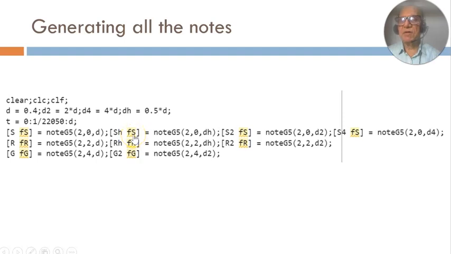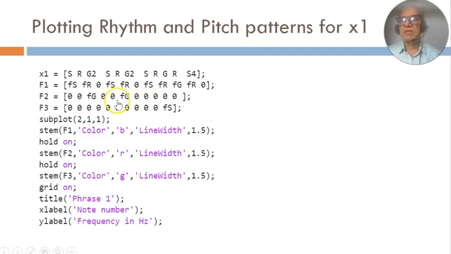So here we have Fs and here also we have Fs. Similarly, we generate S2, S4 and all the remaining notes in a similar fashion. And once these notes are generated, we are ready to write the code for generating the melody and the pitch patterns as well as the rhythmic patterns. So let's see how to do it.